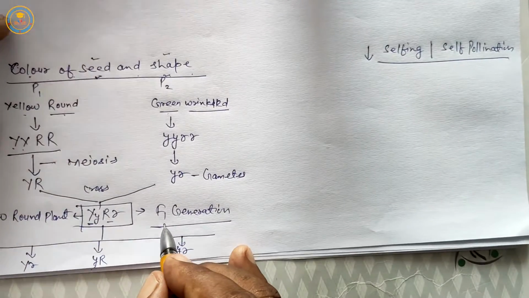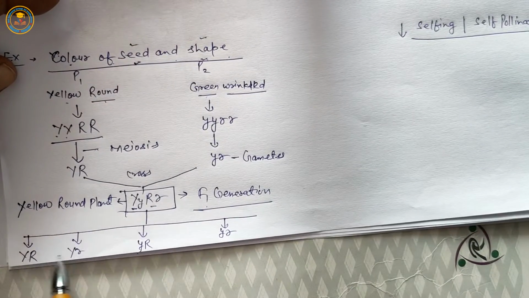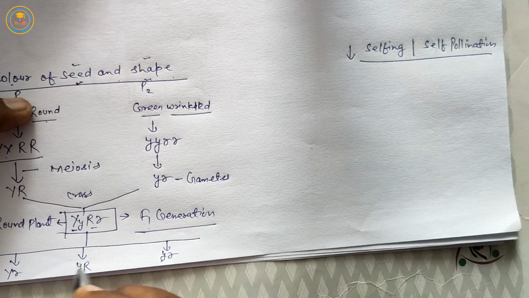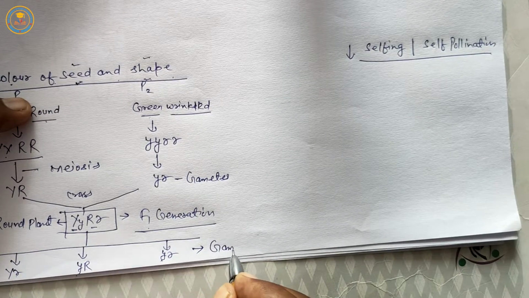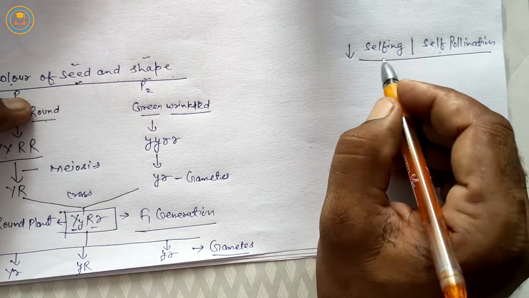It means in F1 generation, formation of total 4 gametes. After F1 generation, these gametes participate in self pollination, it means selfing.